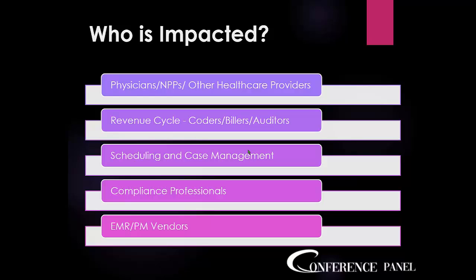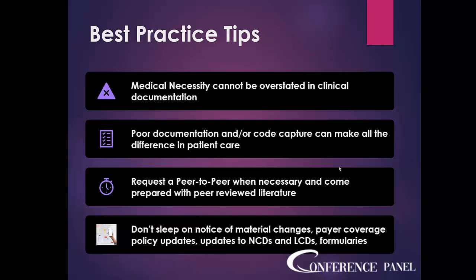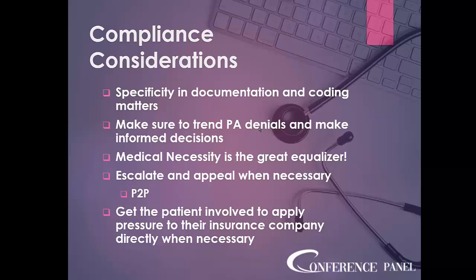When we see denials and appeals, your workflows, clinical documentation, and being able to articulate medical necessity are all affected. To wrap up, some best practice tips: make sure that clinical documentation supports the necessity. Specificity in your documentation and coding matters. Again, it can make all the difference.